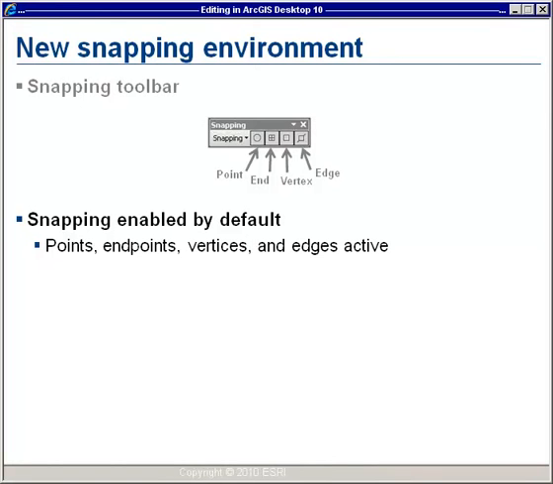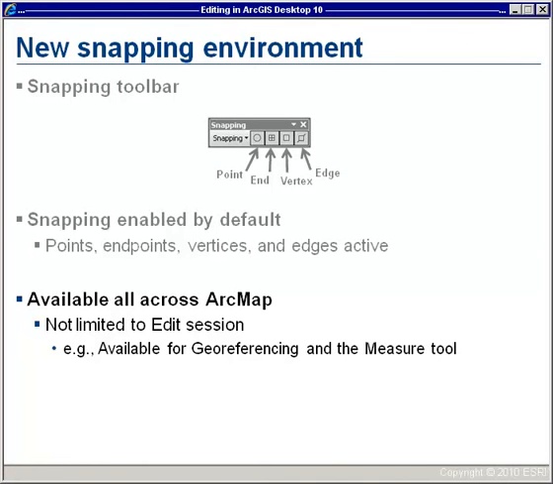As you've seen in the demo, we can also set the snapping tolerance. We do that here from the snapping menu, go to the options, and also have some different options for the snap tips.